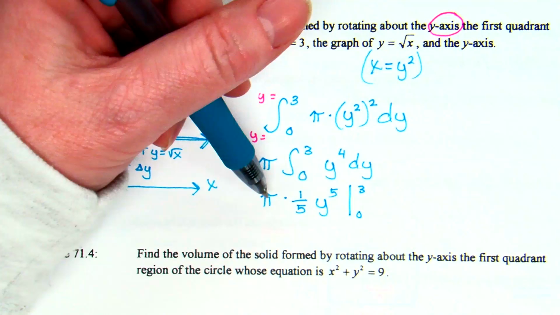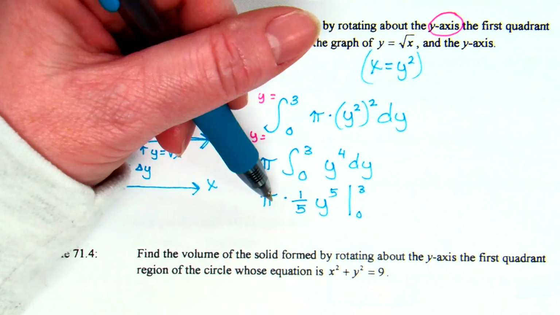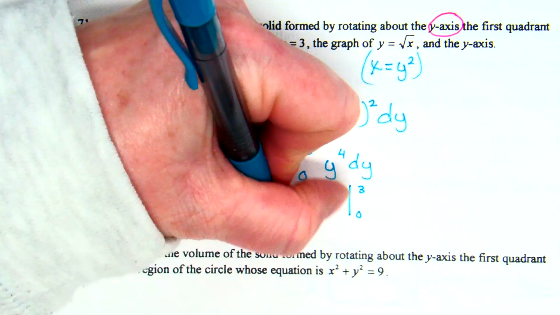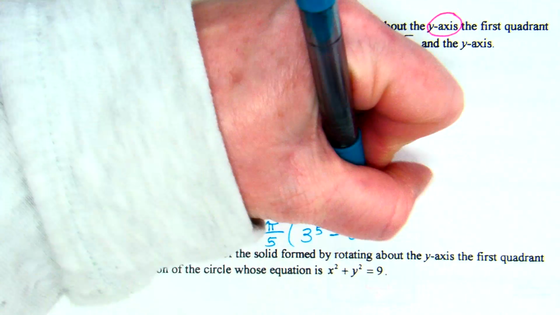I've got the pi. I've got the 1/5. I personally would put the pi and the 1/5 together and make that pi over 5. Y to the 5th is going to be 3 to the 5th minus 0 to the 5th.